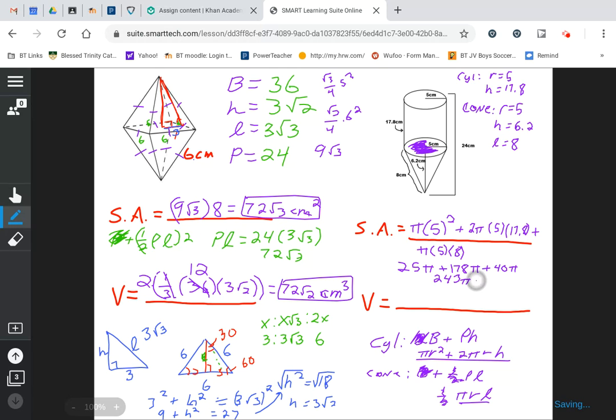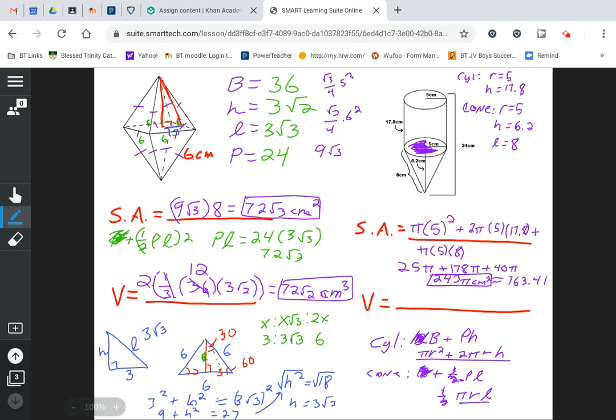And we're dealing in centimeters squared. So that right there is my exact value. And if we did the decimal by multiplying pi, that would give you 763.41. And again, I don't round till the very end. So the 243 pi is what I would plug into my calculator to get that.